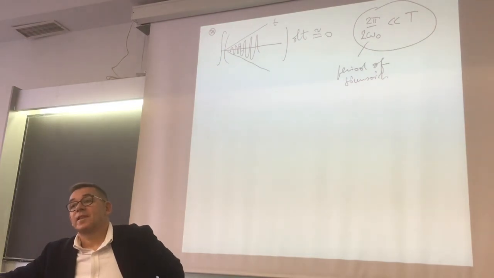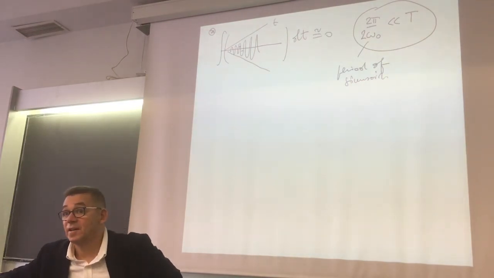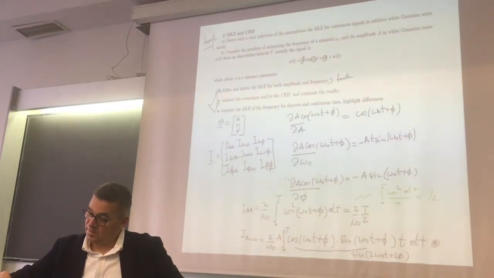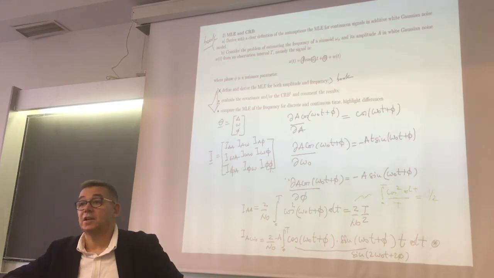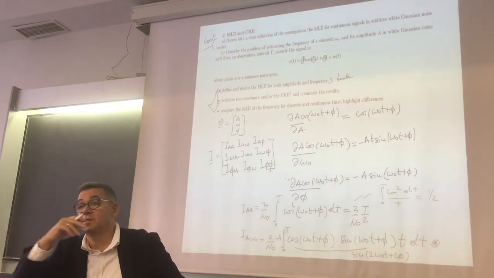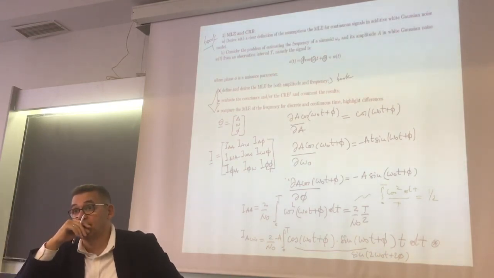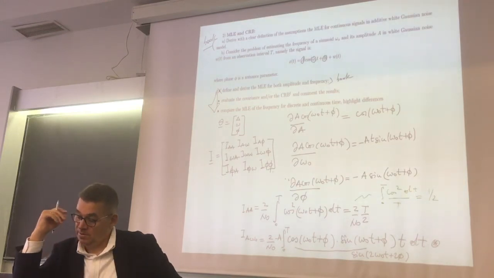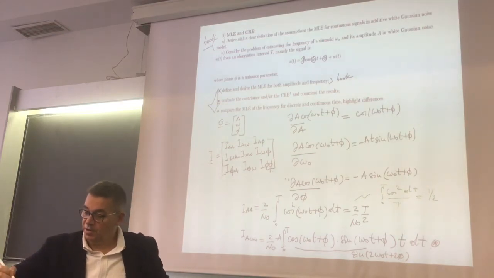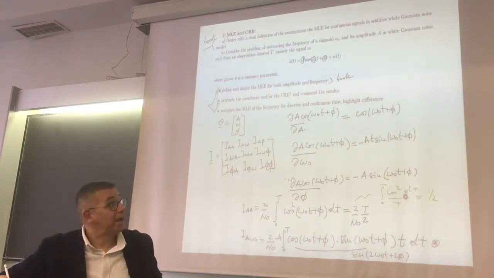So in the integral formula, you said that the integral of cos squared is 1/2. Then you're just integrating over one period, right? I'm integrating T. Yeah, T is very big. So it's many periods. But if you integrate cos squared over many periods, then it's more than 1/2, right? Are you talking about this one? Yes. Okay.